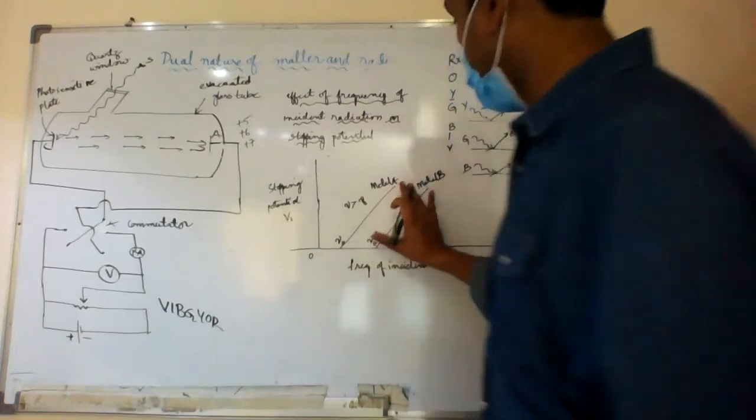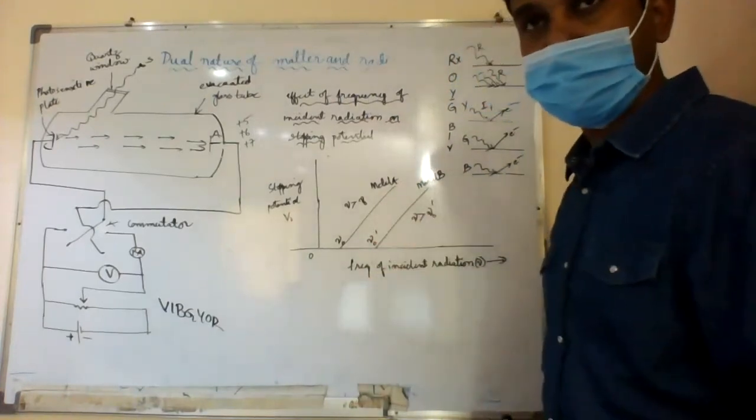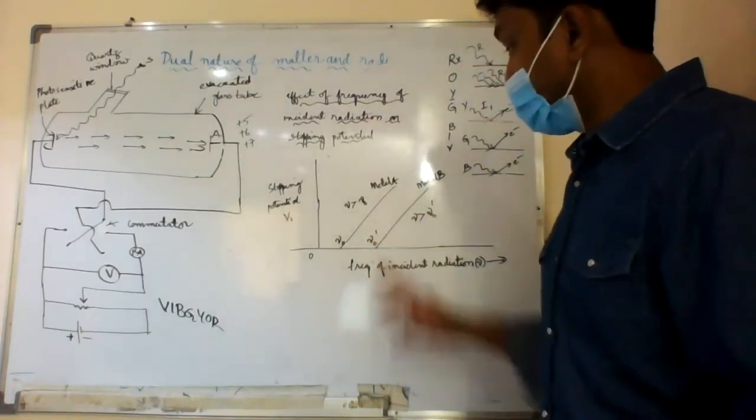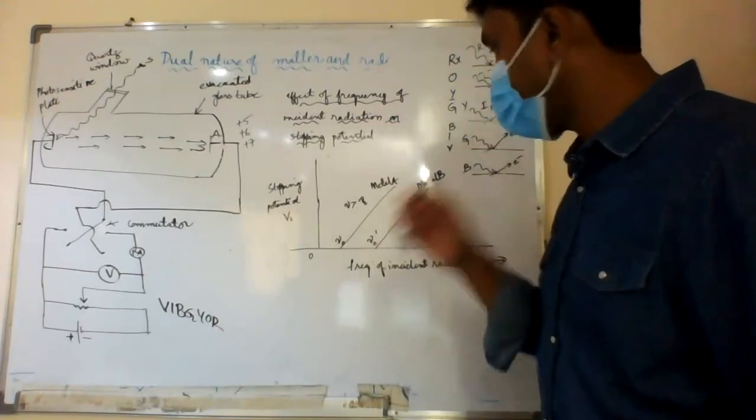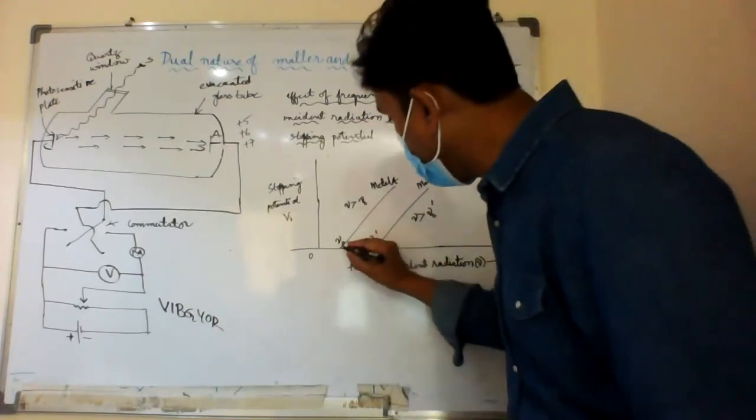Now, I'm taking metal A. Forget about metal B for some time. About metal A, now this is the threshold frequency.